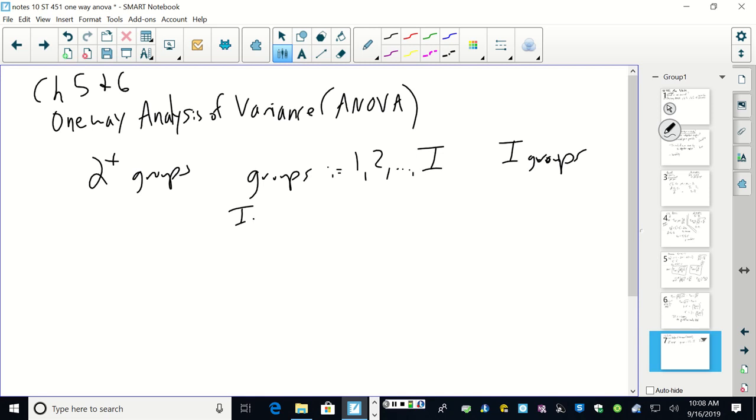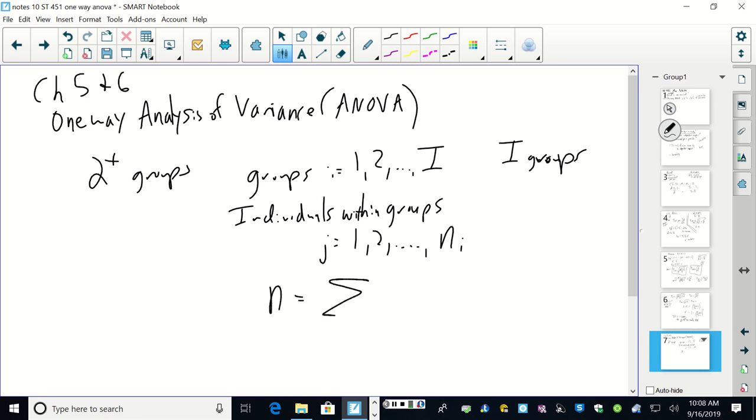And then there are individuals within groups, and they can be indexed by j. Let's say there are n sub i individuals in the ith group. And so the total sample size is a sum over the different groups of the different sample sizes. So little n, the sample size, is the number spread across these groups.